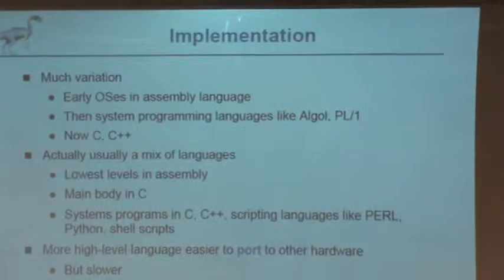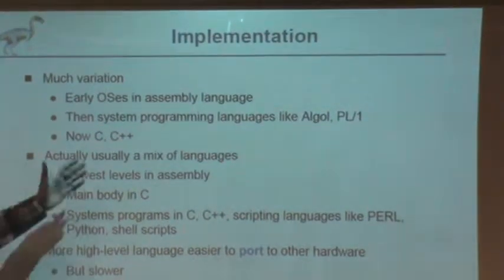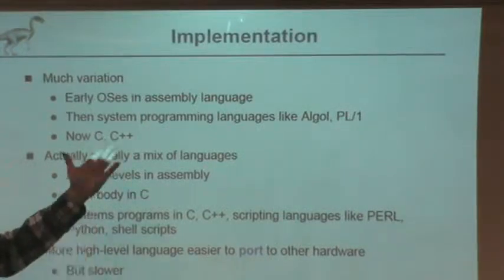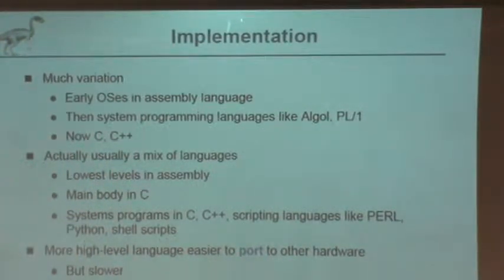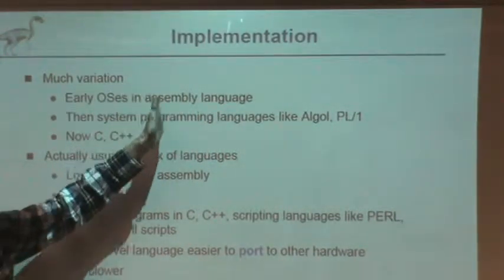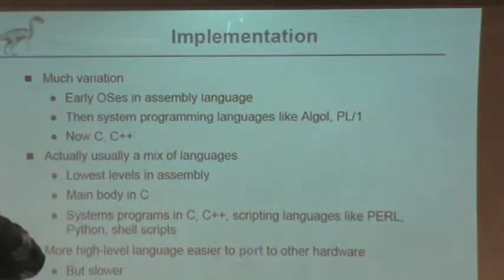Still, many of the parts are C or C++. Android is the same thing, even though it has a Java interface. Most operating systems still use assembly language, but it's less than half of the system.